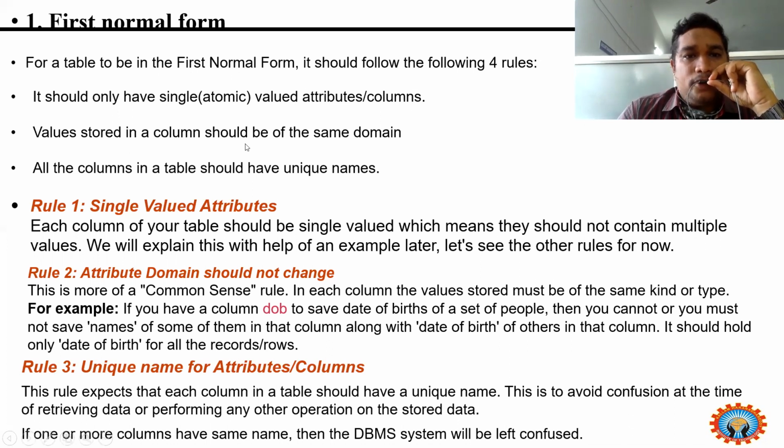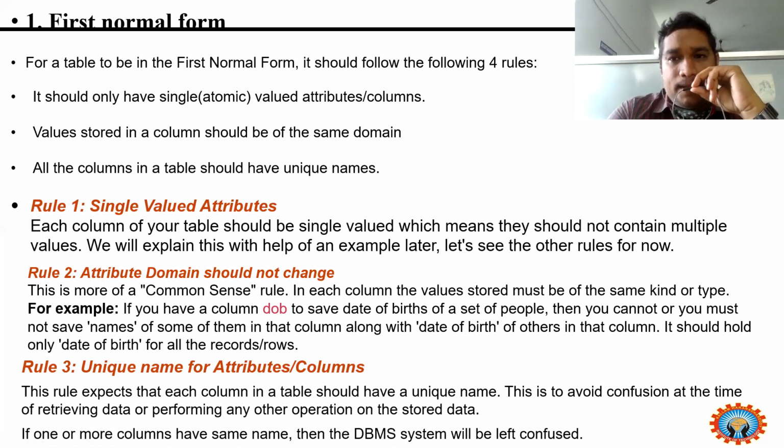The value stored in a column should be of the same domain. When we insert data in a particular column, that data should be stored according to the domain you created. For example, age is an integer, but if you insert age as character values, it should not be acceptable. And all the columns in a table should have unique values.